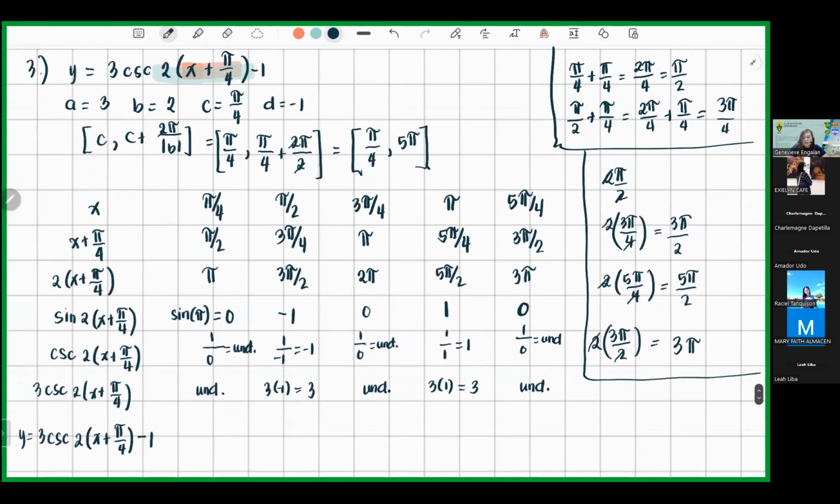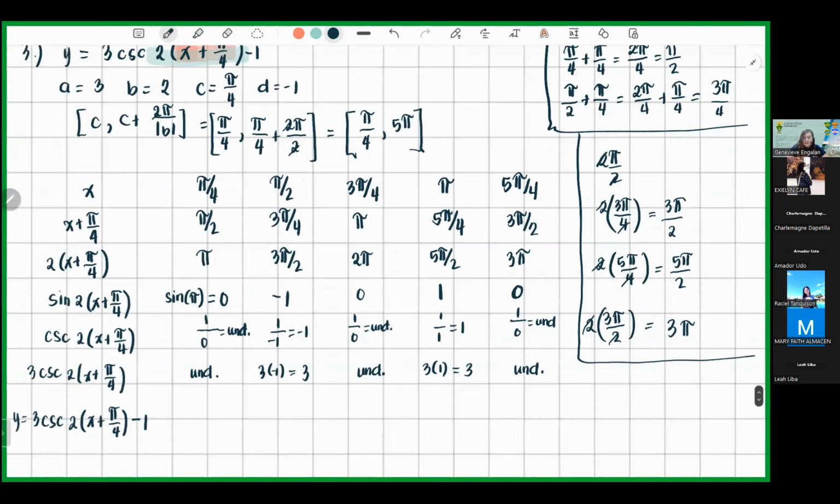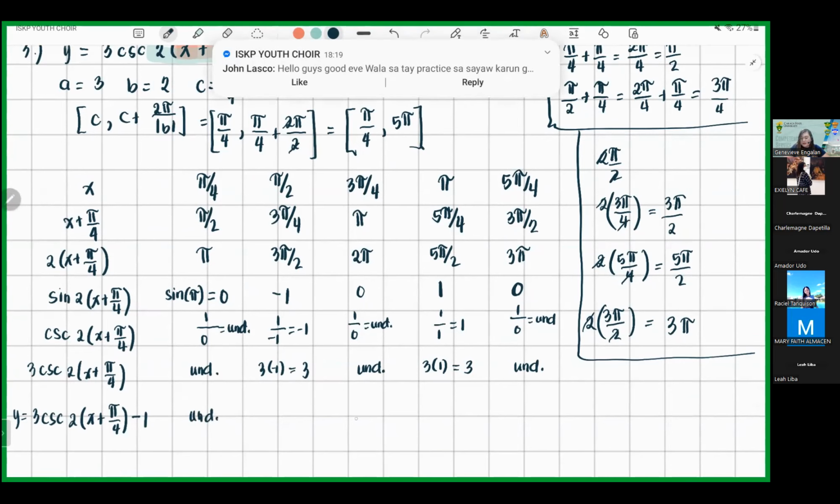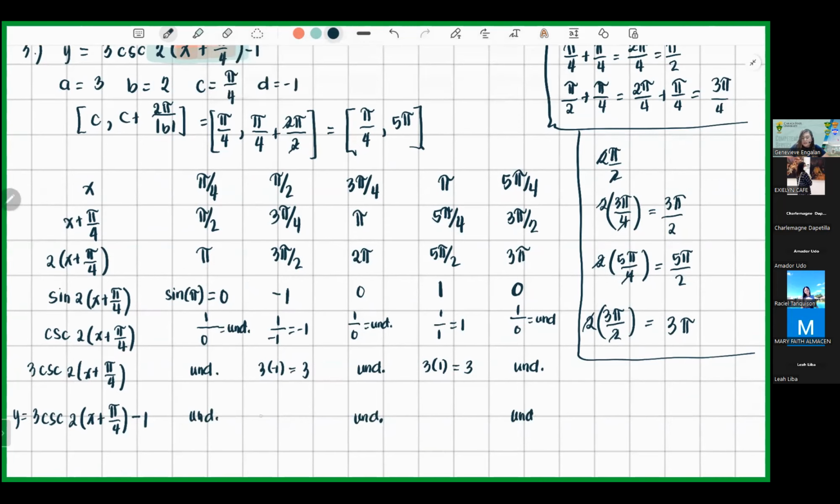The undefined values remain undefined. Negative 3 minus 1 equals negative 4, and 3 minus 1 is positive 2.